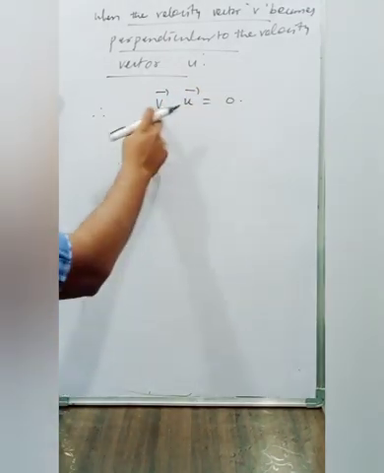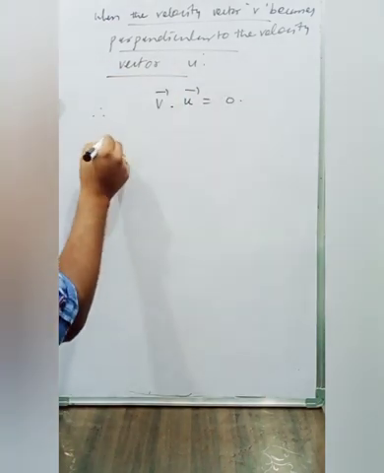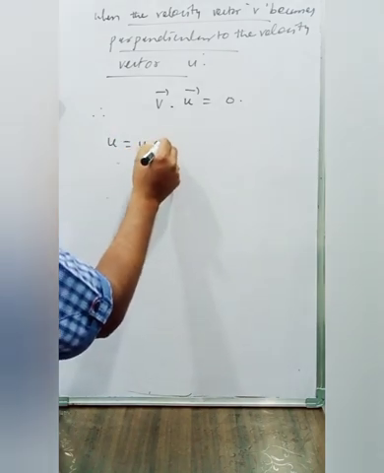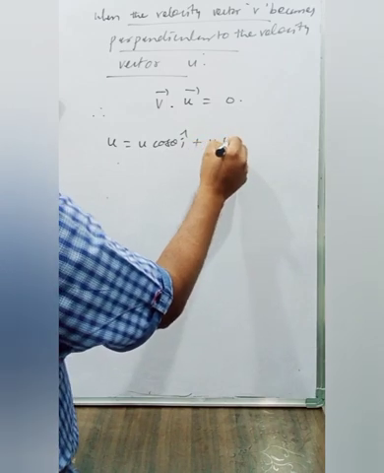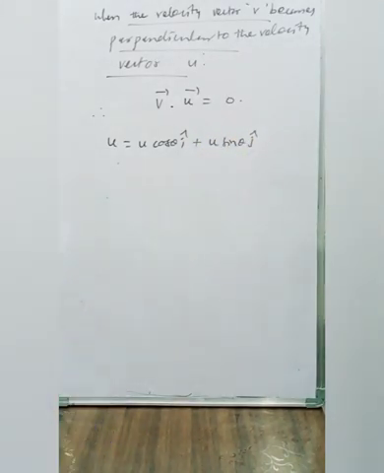When two vectors are perpendicular, the dot product is 0. So according to the diagram, we can write u is equal to u cos theta i component and u sin theta j component, meaning the j vector.